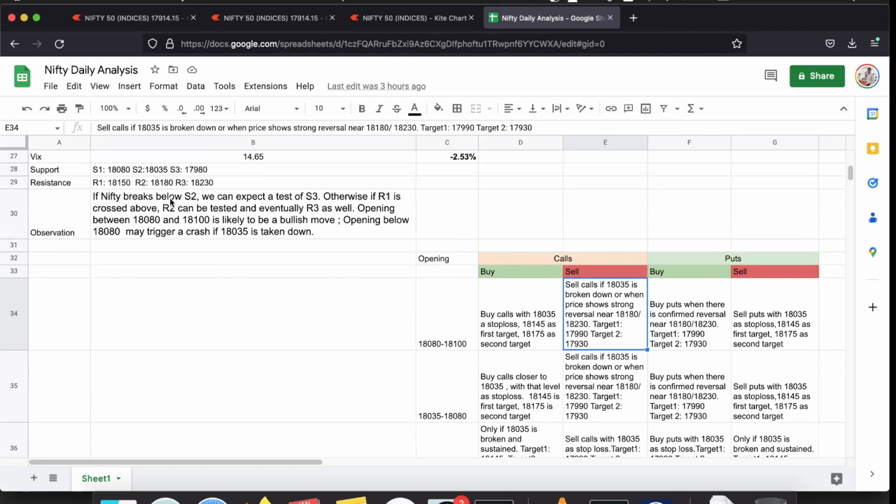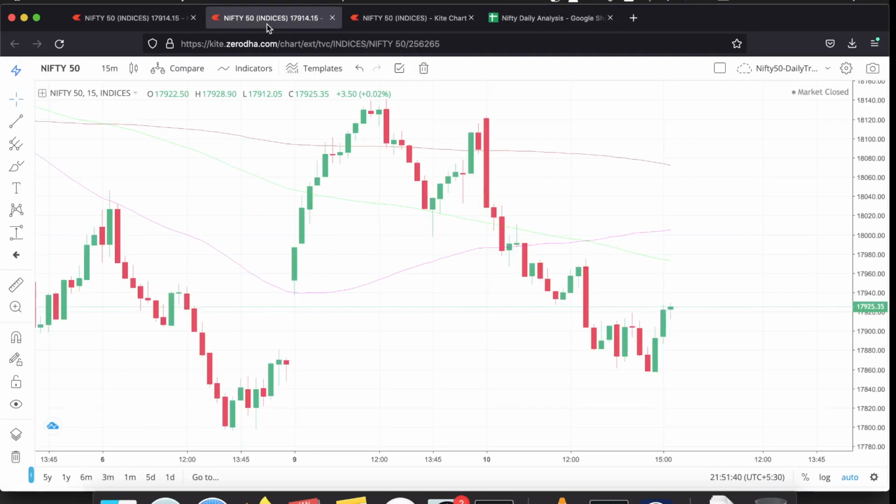If Nifty breaks below the support 2, that is 18,035, we can expect a test of support level 3. And again, what would happen there depends on price action. Once Nifty broke this 18,035, 18,040 support level, Nifty kept on falling. And yesterday, there was a lot of strong support at 18,000 levels.